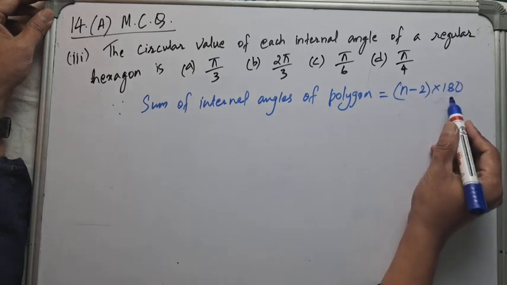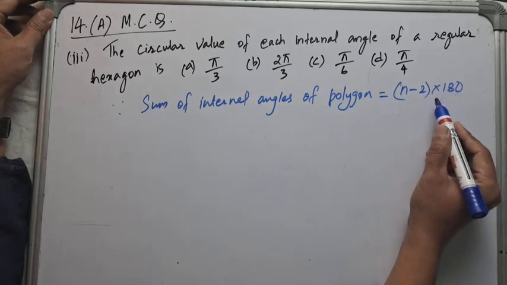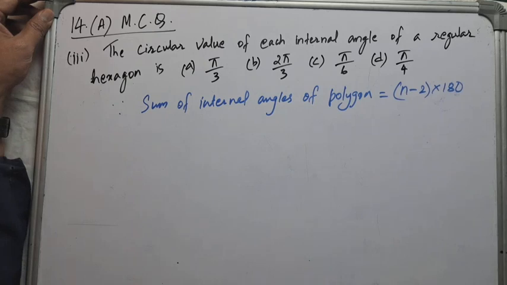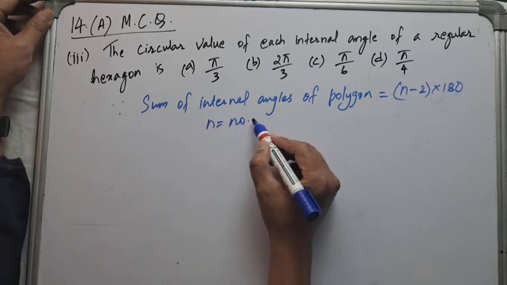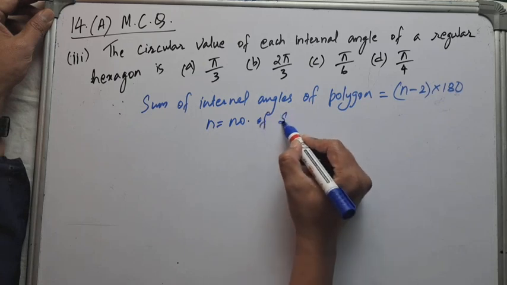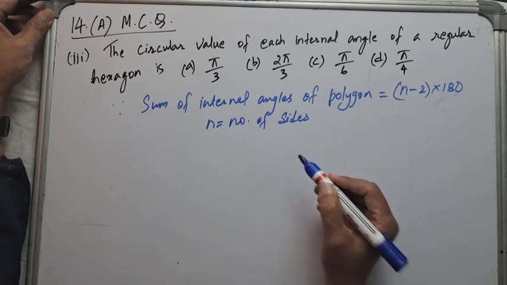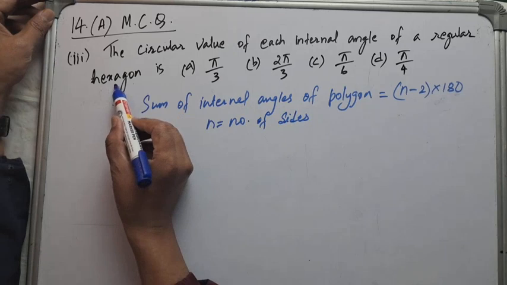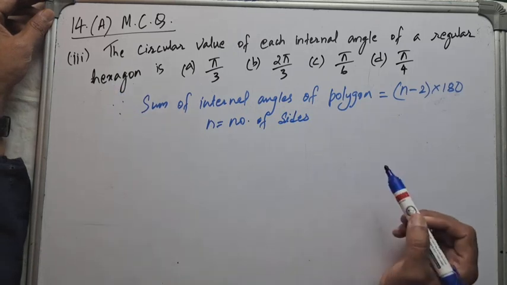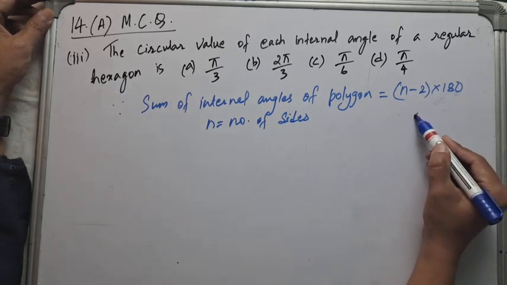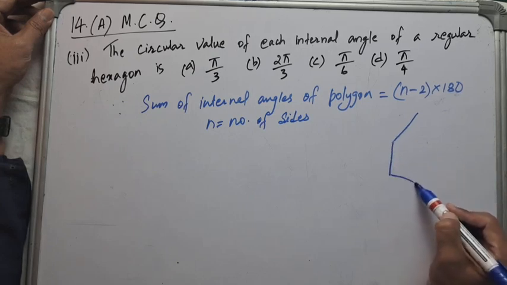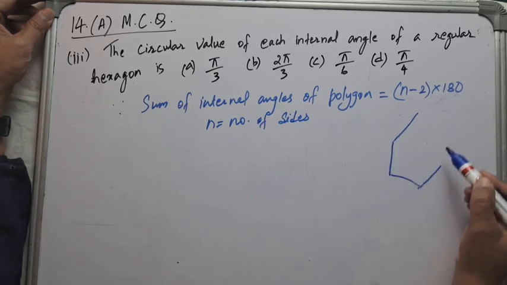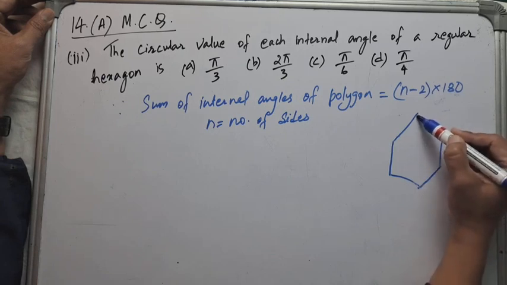So this is the general formula for the sum of internal angles of a polygon, okay? Where n is the number of sides of the polygon. Now we are talking about a hexagon, isn't it? Hexagon means a polygon having 6 sides. 1, 2, 3, 4, 5 and 6.